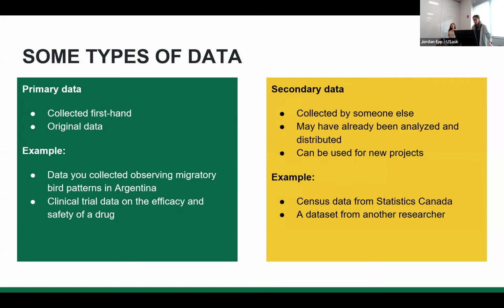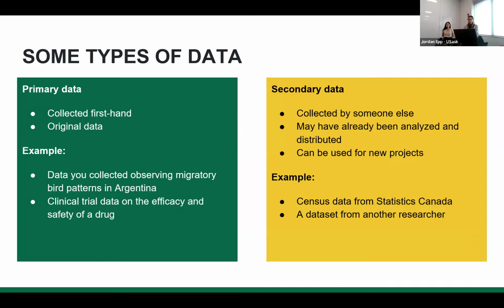We can also think about research data in terms of primary and secondary data. Primary data would be data that's collected firsthand, or original data. An example would be tracking migratory bird patterns; the data that you collect through that would be primary research data. Another example could be clinical trial data on the efficacy and safety of a specific drug.